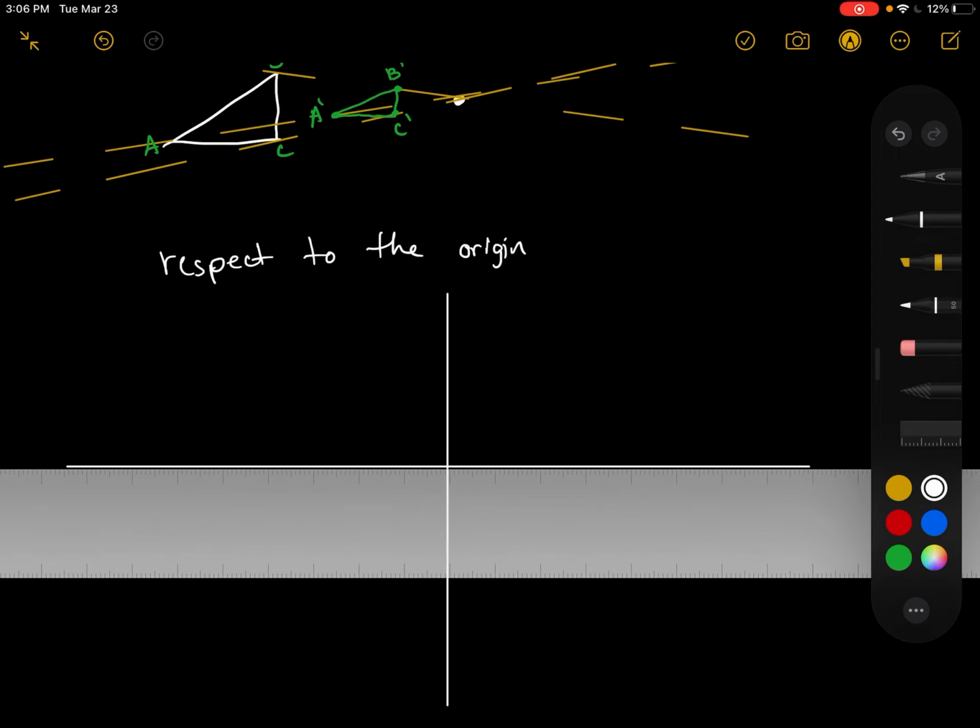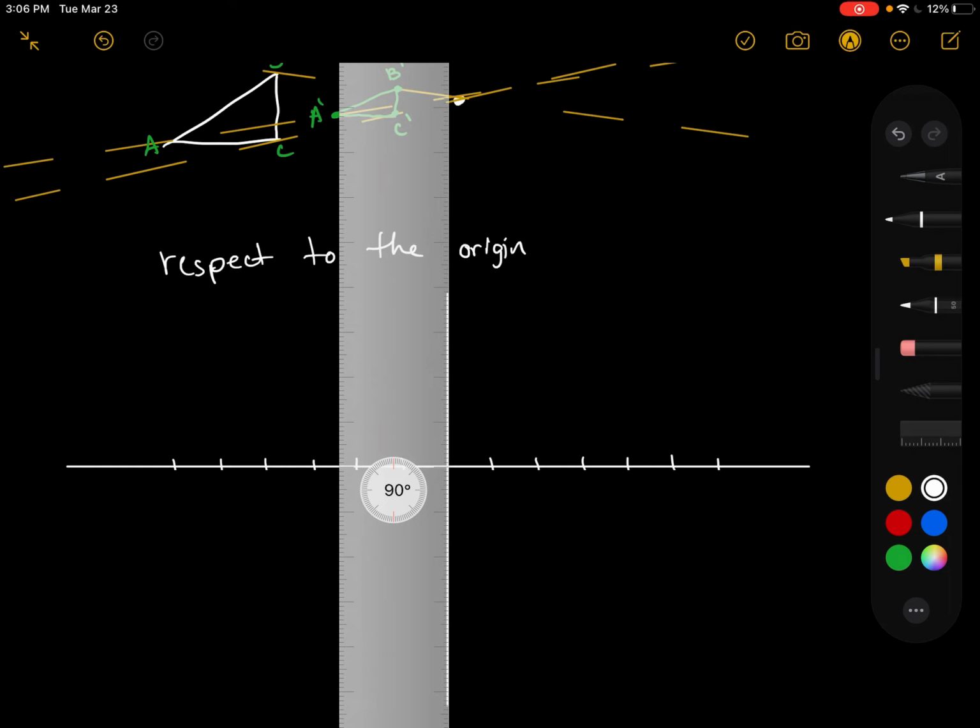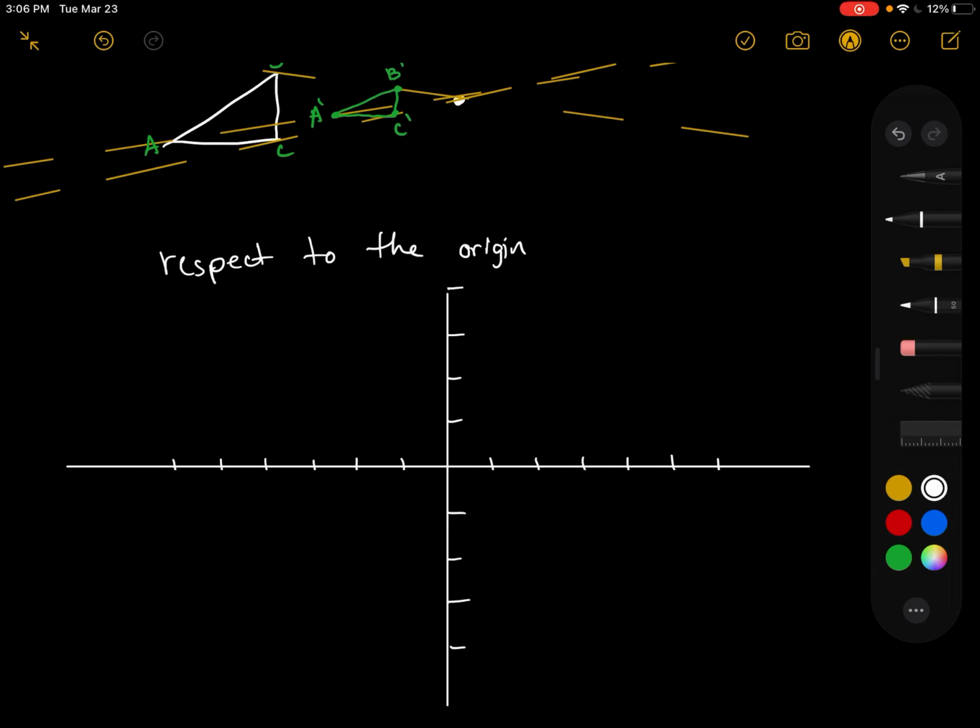So we can make an XY axis. And I can actually make these more accurate this time. Let's do that going up here. This would be the neatest graph I've done on a video. I'm using the ruler function.